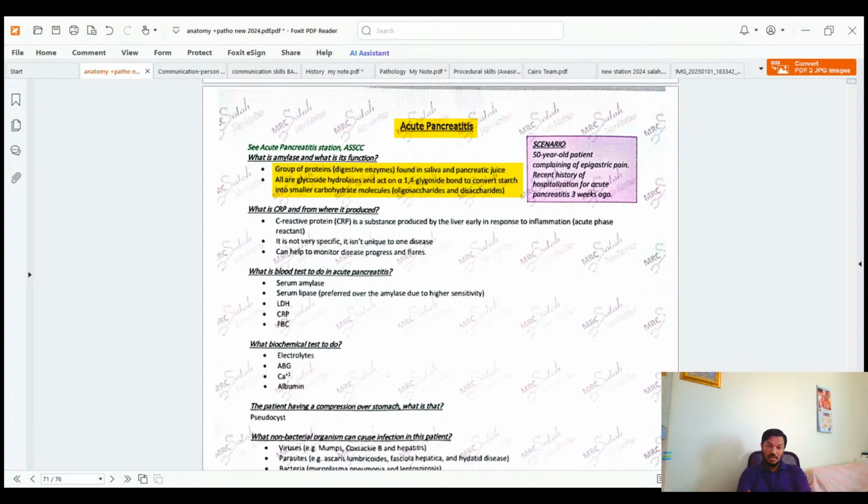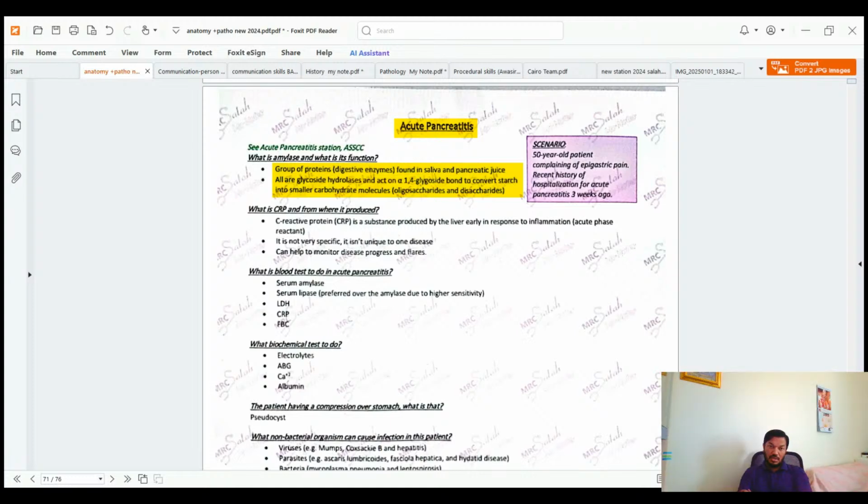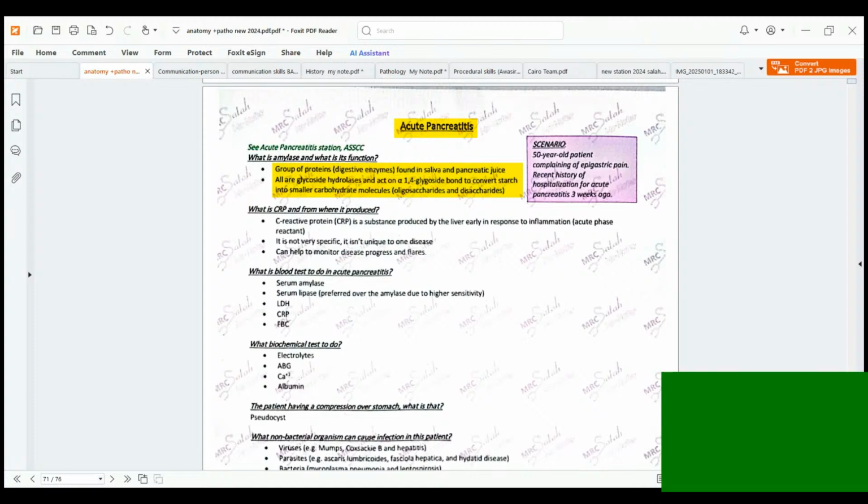It is an acute phase reactant. It is not very specific and not unique to one disease, but it can help to monitor disease progress and flares.